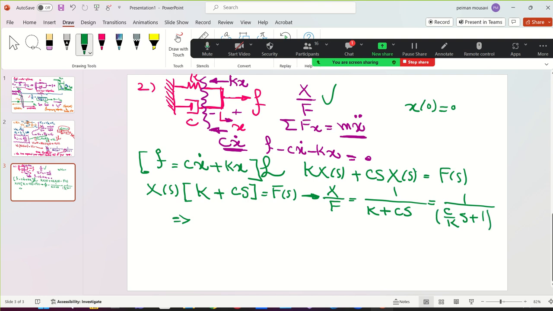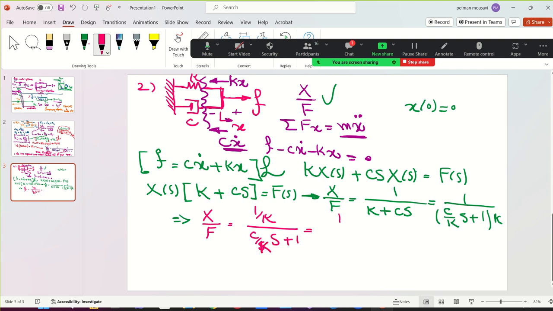So you have 1 over k here, like that. Everyone agree? Yes? So you can write x over F is 1 over k divided by c over k s plus 1.